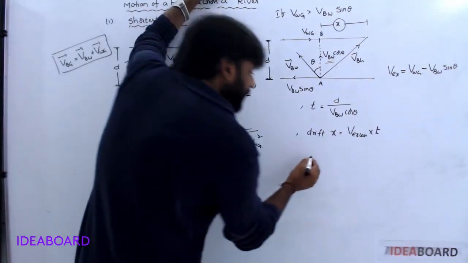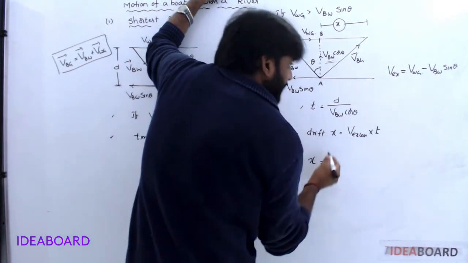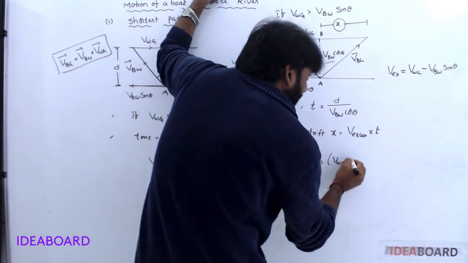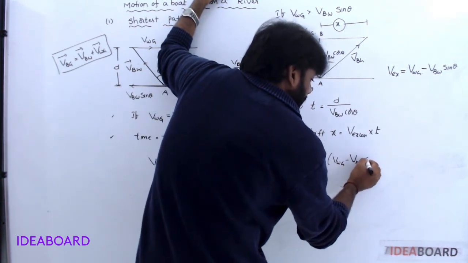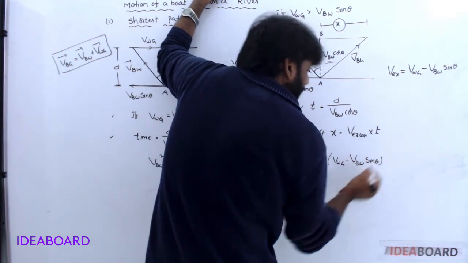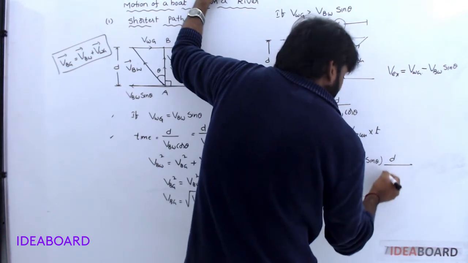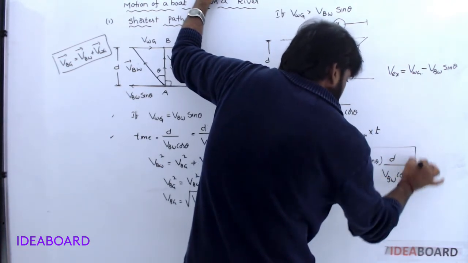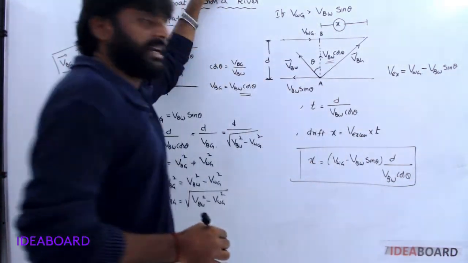That is excess velocity. So drift is equal to excess velocity, water with respect to ground minus boat with respect to water sin theta, into time, which is d by boat with respect to water into cos theta. It is drift. Understood?